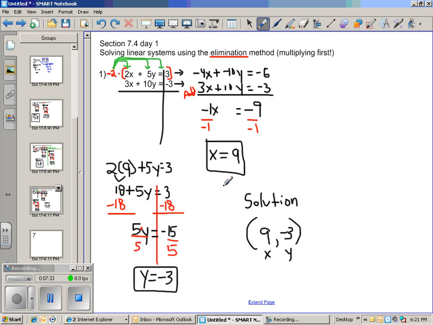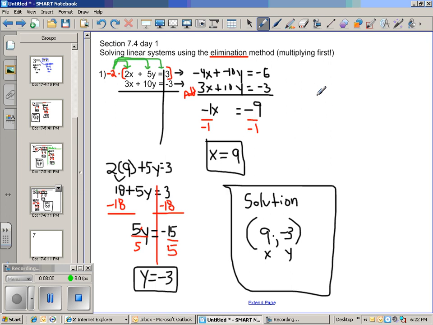Now again, I'm going to recommend that you take x equals 9, plug it in to this equation, take y equals negative 3, plug it in for y, and simplify and solve. To see if you get 3 for the top equation, when you plug in x equals 9 and y equals negative 3, you should get negative 3 for the bottom equation. That way you know if your solution is correct or not.